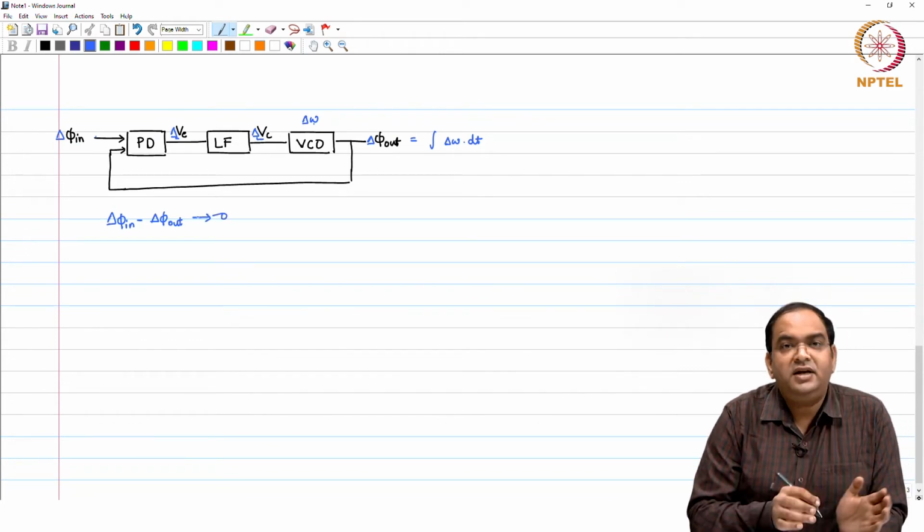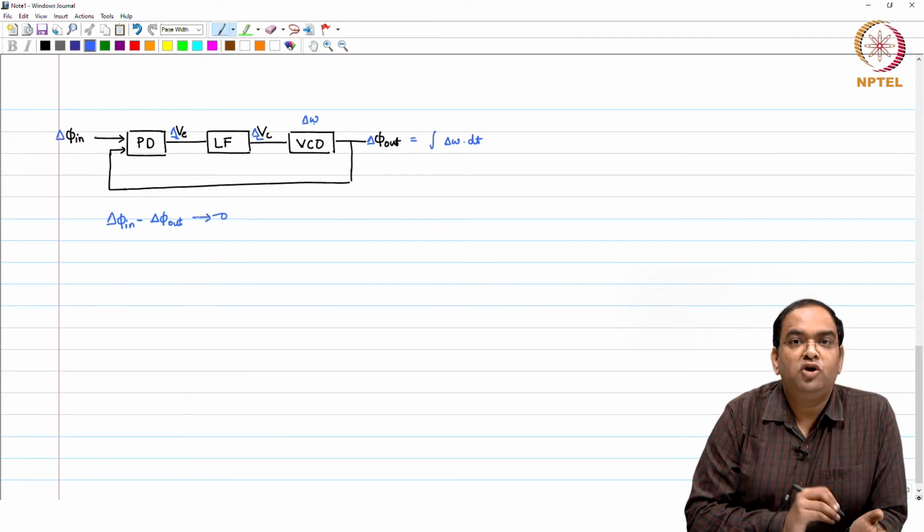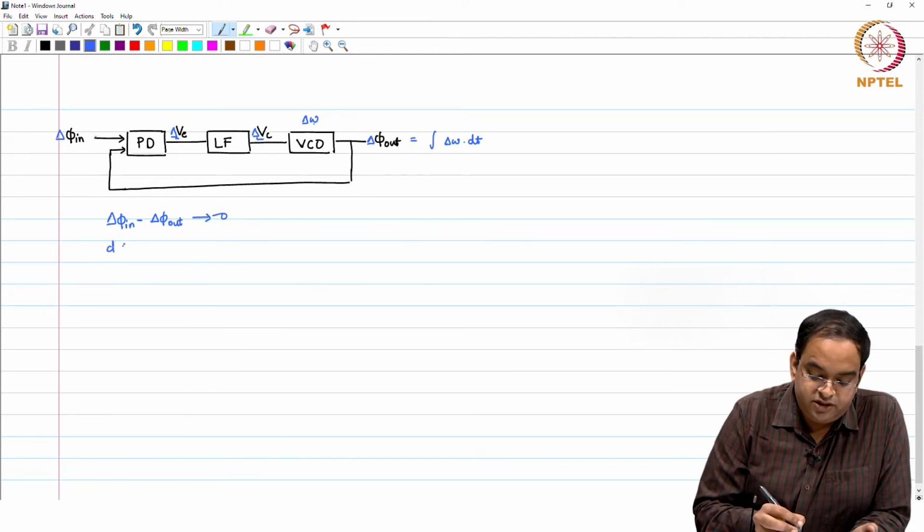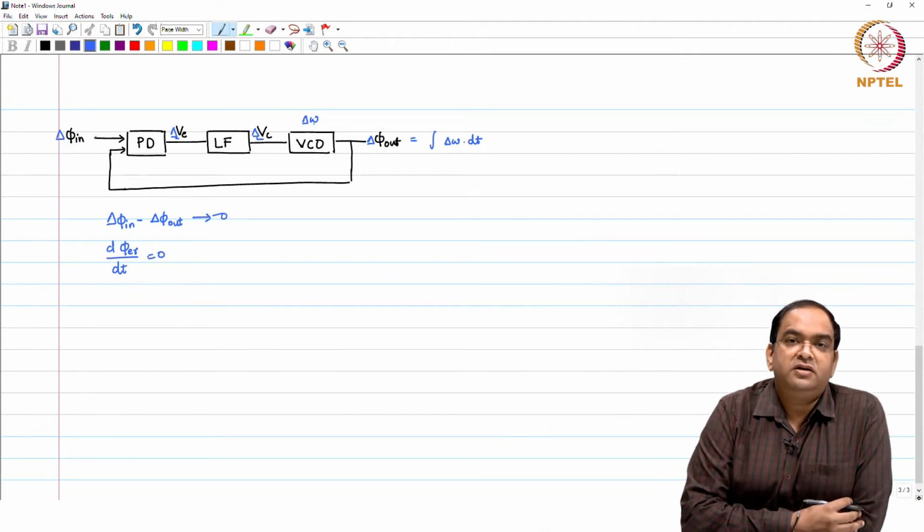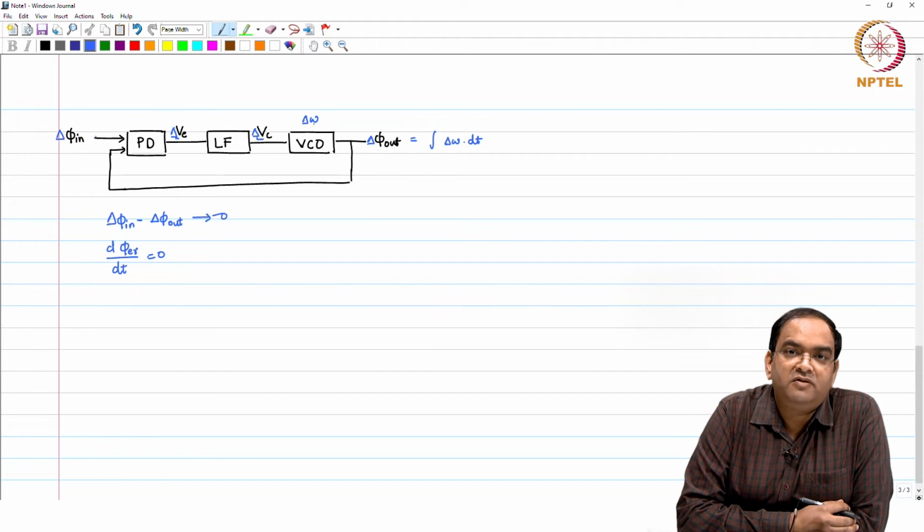In a steady state, either this approaches 0 or the rate of change of this phase error becomes 0. So, the phase error will not change with respect to time if the PLL is locked.